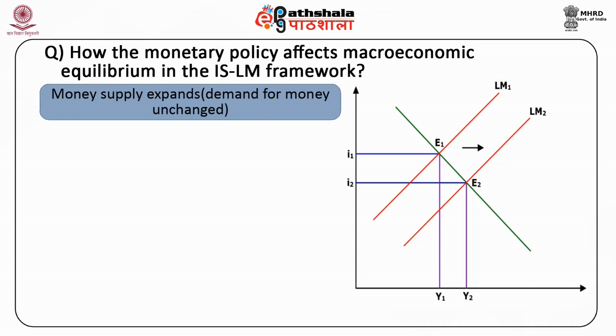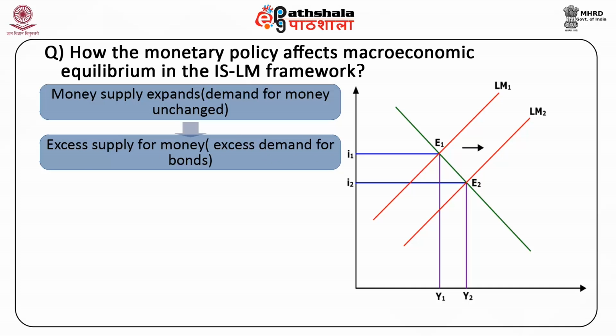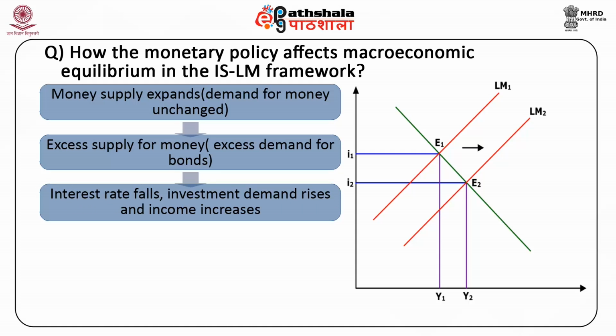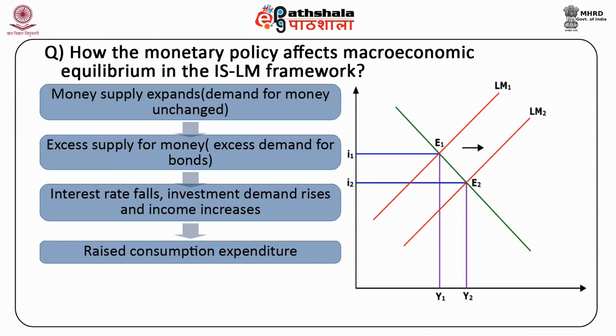As the money supply expands, with demand for money remaining unchanged, there is excess supply of money, hence excess demand for bonds, due to which interest rates fall. As a result, investment expands and income increases to Y2. This increase in income further raises consumption expenditures via the multiplier effect.